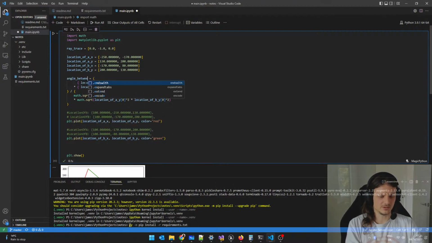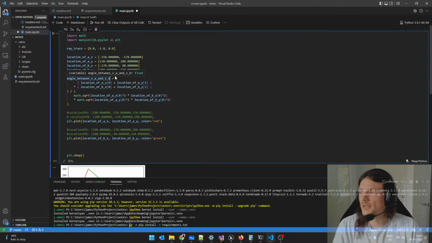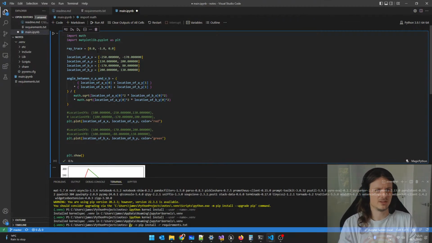which will give me the angle, actually. Angle between vector A and vector B. But I didn't want to do that. I wanted to do it between the ray trace, right? So it's actually going to be, that one is kind of irrelevant to us.